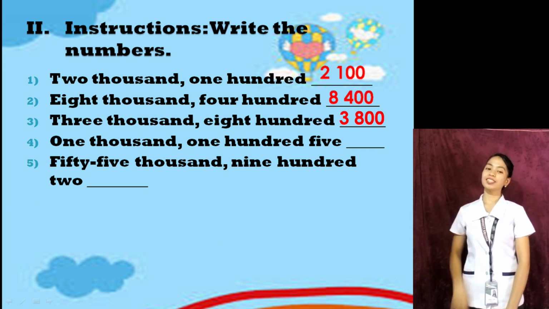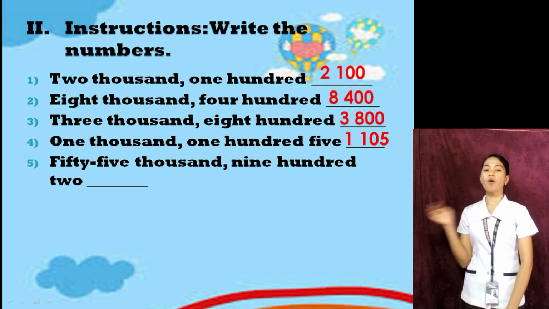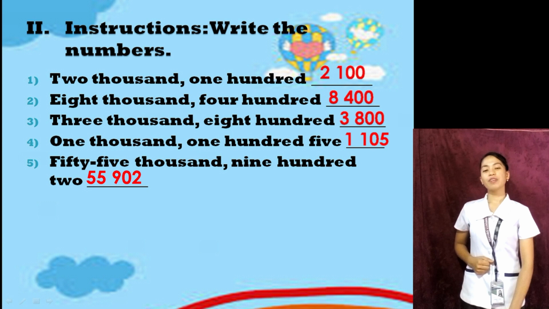Number 4, 1,105. In number 5, 55,902. Since everyone already understands the lesson well, I will ask you more questions to test if everyone really understands.